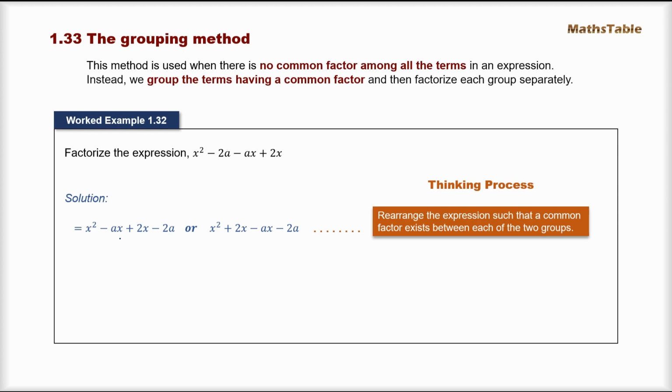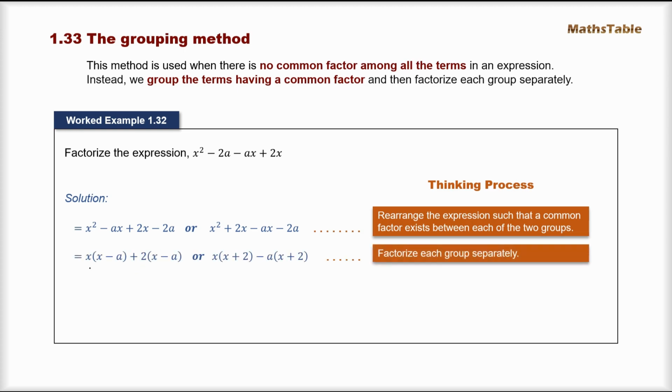So if we group the first two and last two terms together, we can finally take out the common factors from them. The next step will consist of factorizing each group separately.